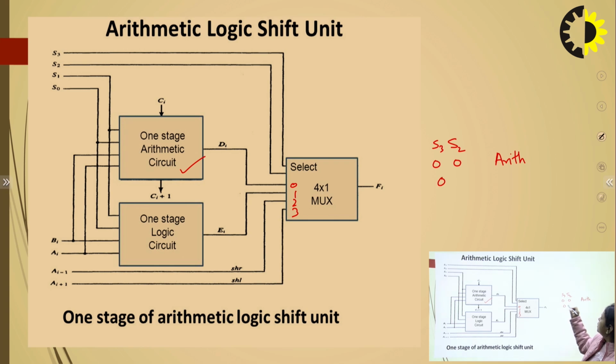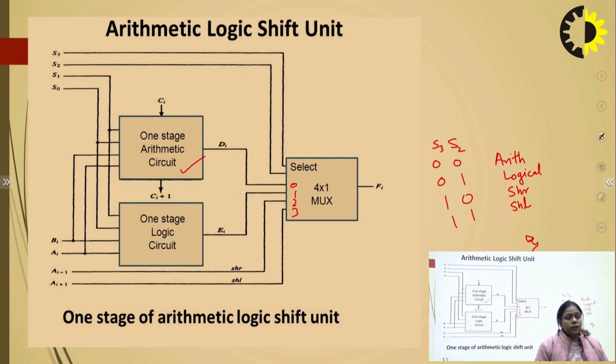If the value is 0, 1, then logical operation will be performed. If the selection lines are 1, 0, then shift right will be performed. If the selection lines are 1, 1, then shift left will be performed. So in this way we can perform different operations with the help of the ALU.